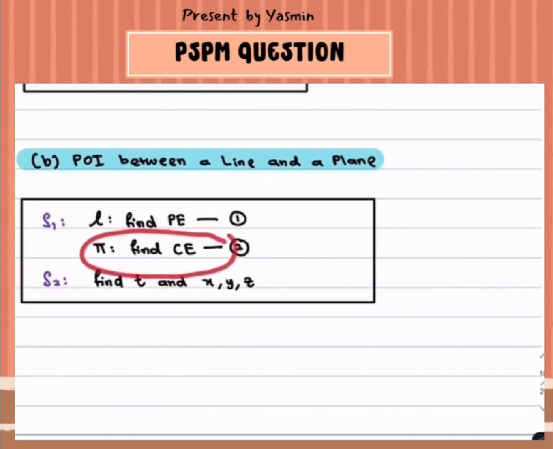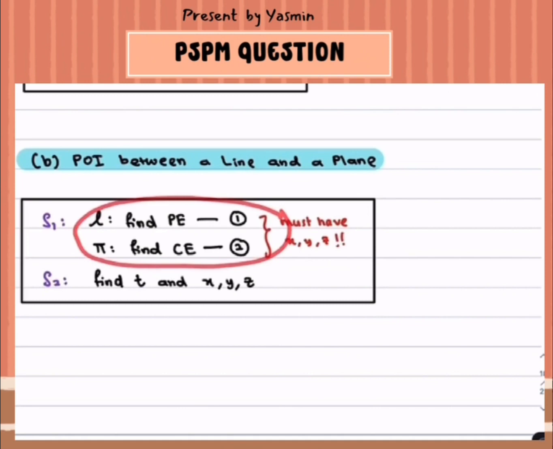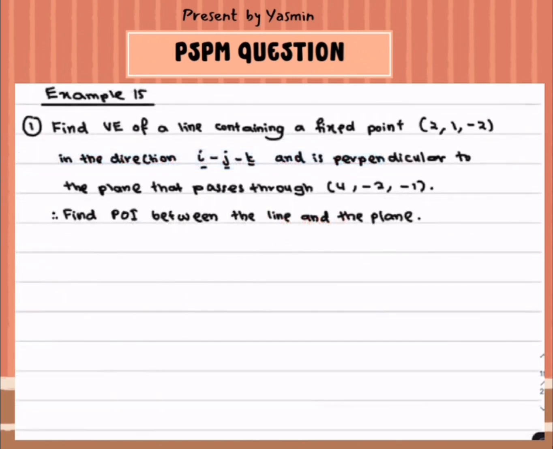And for plane, I need to have the x, y, and z from the Cartesian equation. So you must see x, y, and z in both equations of line and plane. Next, you're going to solve these two equations to find the value of your parameter t, and then you can use that to find the values of x, y, and z.